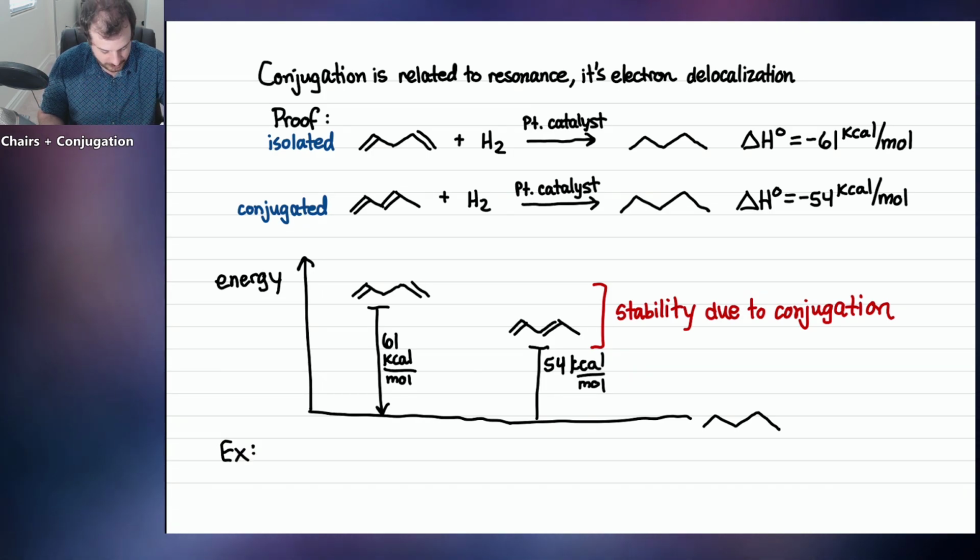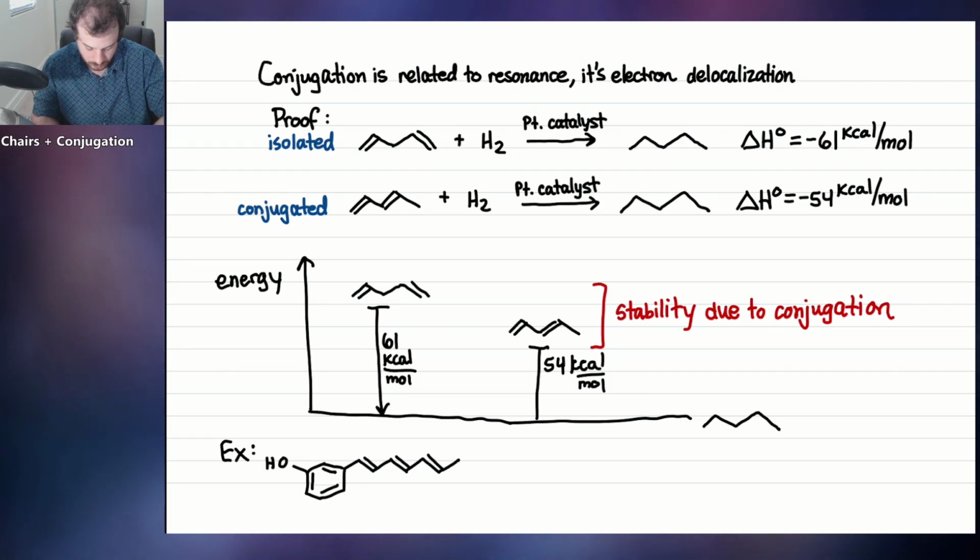I could give you a molecule, let's say something like this. Let me just make it a little bit neater here. Okay, and then I'm going to say circle all the conjugated atoms.